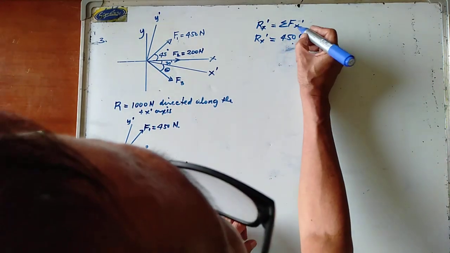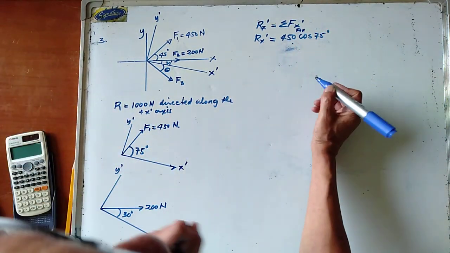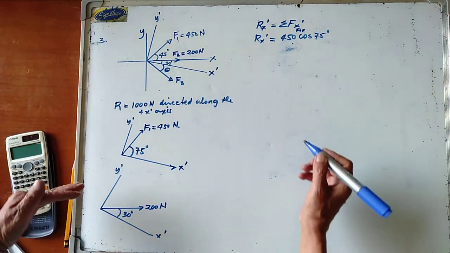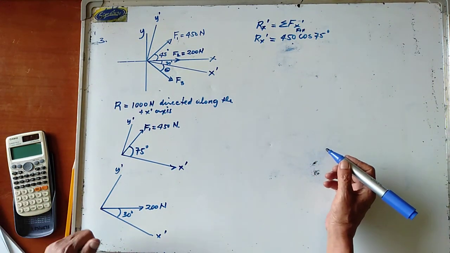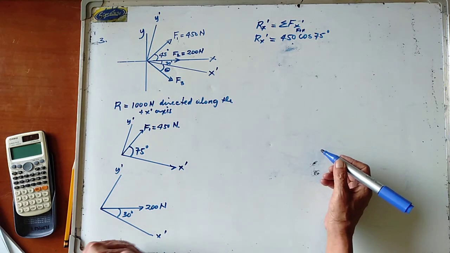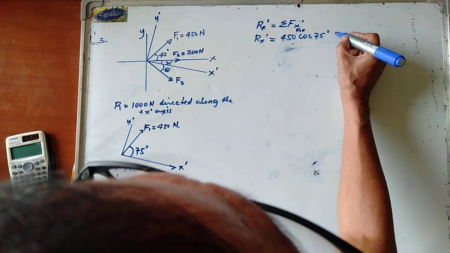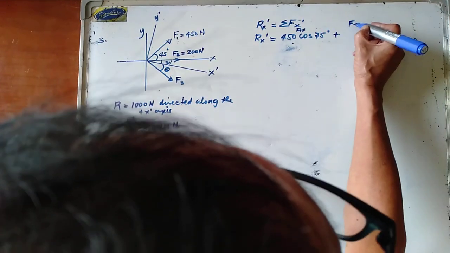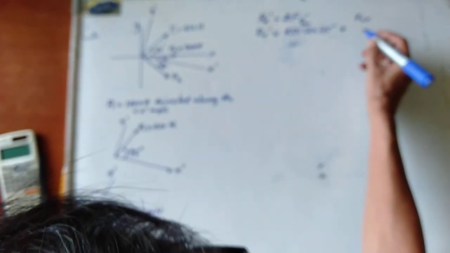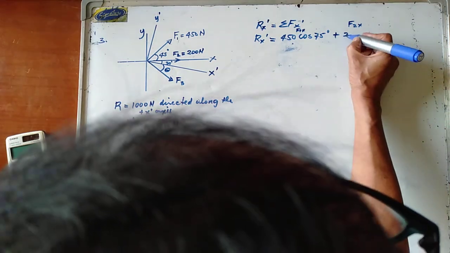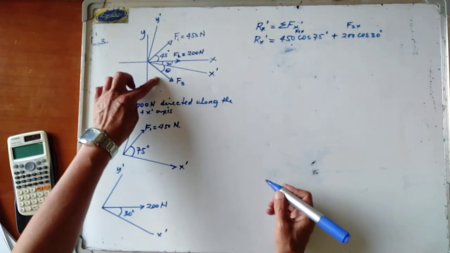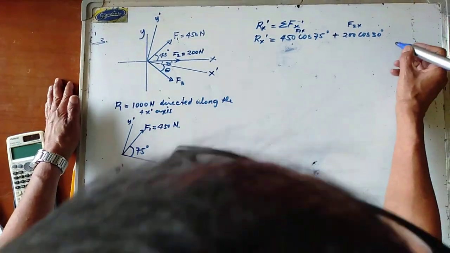Your F2 is still going to the right, so plus F2x, which is 200 cosine of 30 degrees, plus F3x.